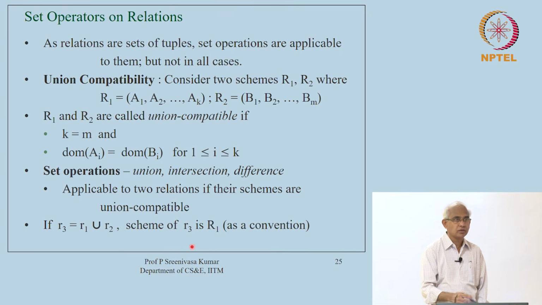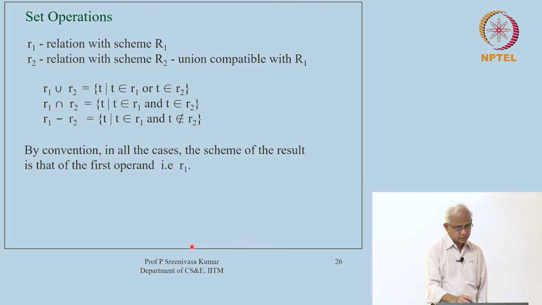Now, let us look at some examples of application of these operators. The definitions are very simple. R1 and R2 are relation schemes, and R2 is union compatible with R1. Then the operators are defined like this: R1 union R2 is the set of all tuples t such that t either belongs to R1 or belongs to R2.